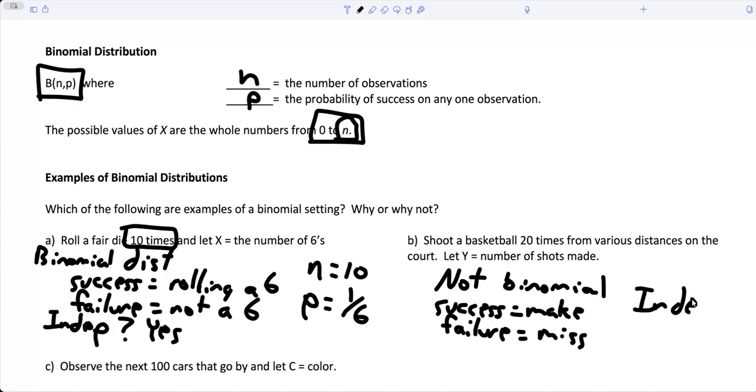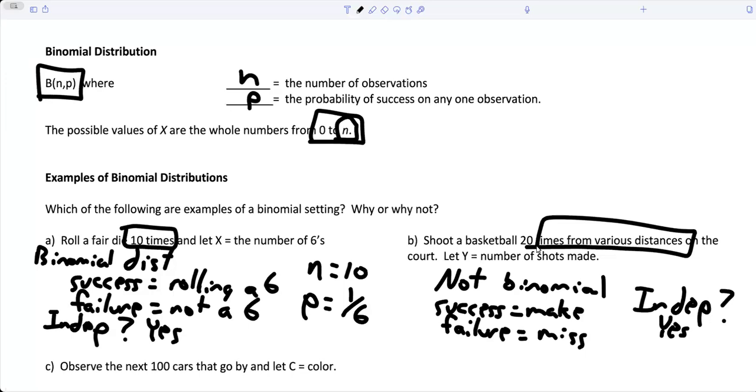Are the shots independent? We could probably argue yes. However, what is not the case, since the shots are taken from different distances, is that the probability of success is the same.